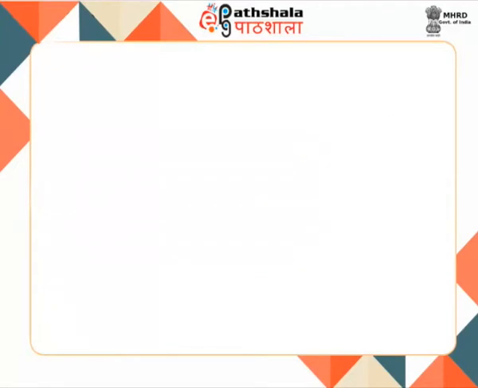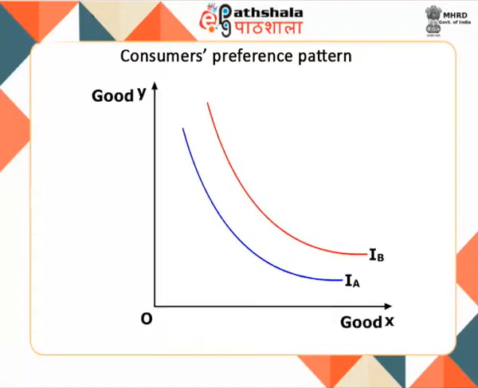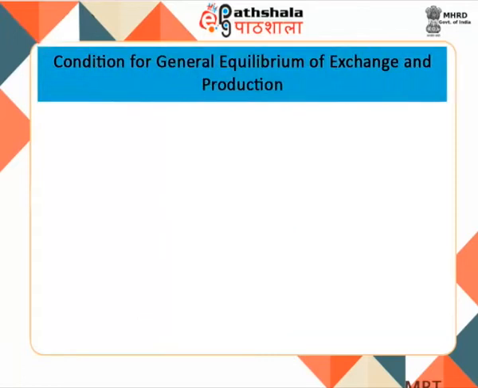To analyze the general equilibrium of output mix, we have to introduce in our analysis the consumer's preference pattern. There are two consumers, A and B, whose preferences are shown by the ordinal indifference curves, which are downward sloping and convex to the origin.